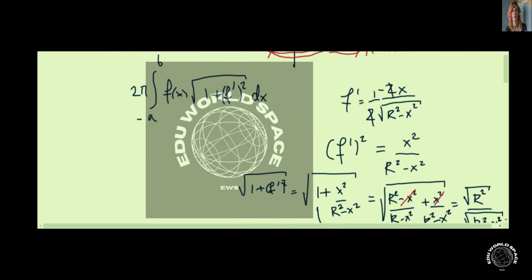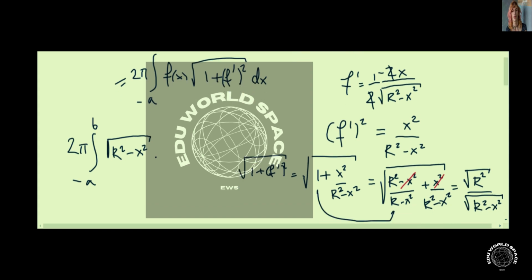So this integral is going to be this area. It's going to be equal to 2 pi times the integral from minus a up to b of the square root of r squared minus x squared times this. Well, the square root of r squared is just r for r positive, r over the square root of r squared minus x squared, dx.